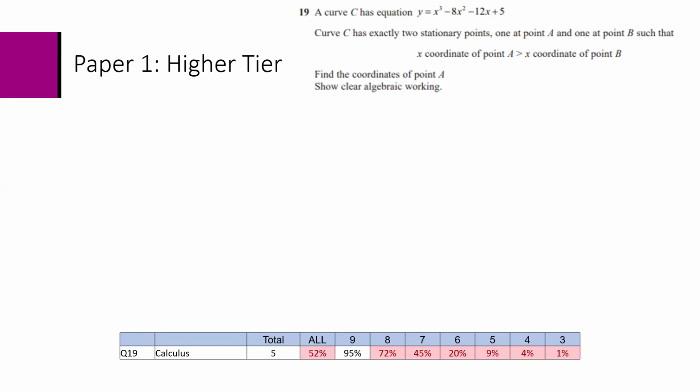If there's a higher tier topic to keep practicing with your students, it is getting started in differentiation questions. I think I'm seeing evidence that students look at it, think, I can't finish that, and so skip to the next question. But if students just realize that the differentiation itself is quite straightforward, they're going to pick up at least a couple of marks.